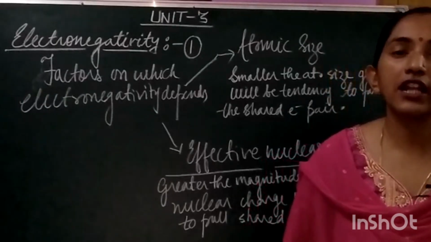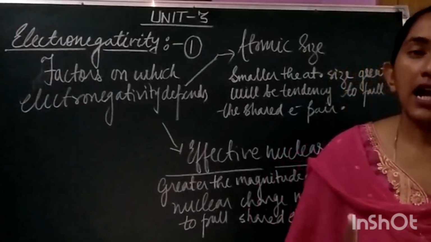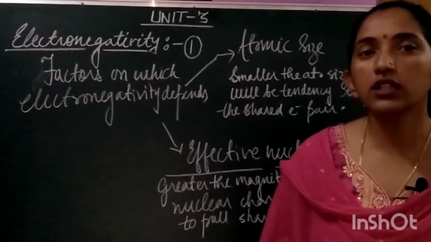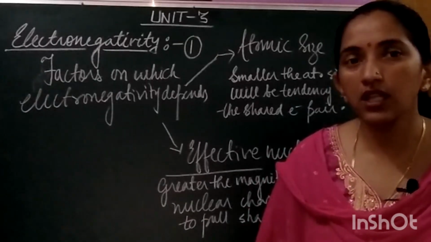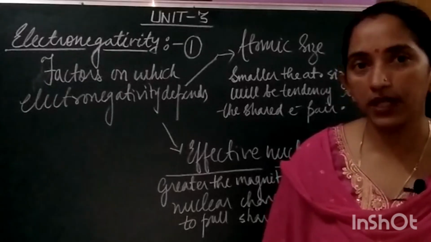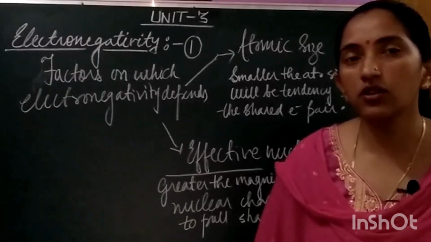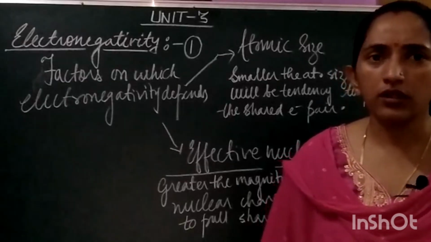So the sp hybridized atom or element has a stronger tendency to pull the shared electron pair toward it among these three. This we will discuss in detail in organic chemistry as well as in unit 4, right students?